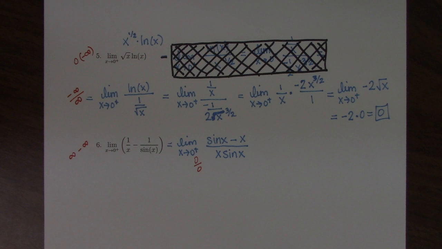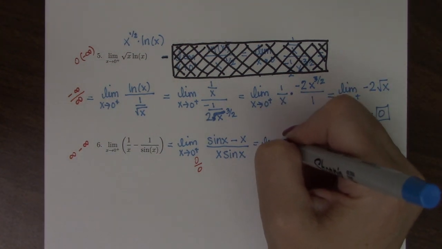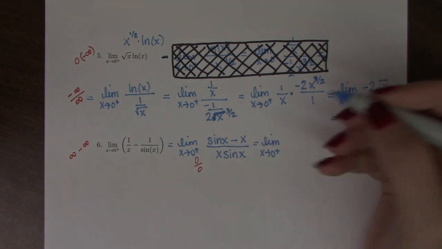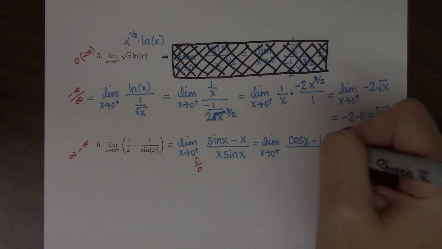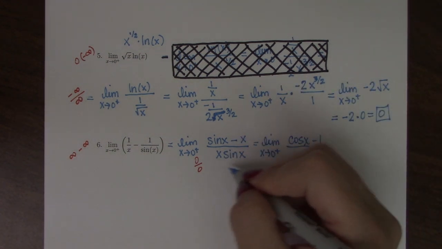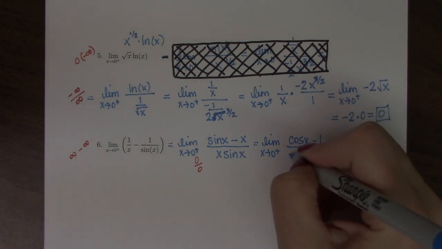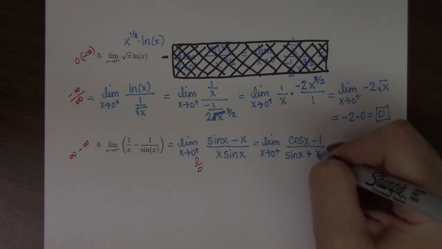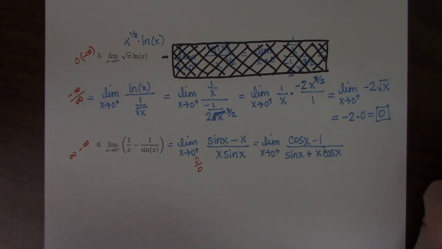We can actually apply the rule. So the limit, as x goes to 0 from the right, I'm going to take the derivative of the numerator, so that's cosine x minus 1, over, and I have to do a product rule here. The derivative of the first term is 1 times the sine of x, plus the first term times the derivative of the second term.